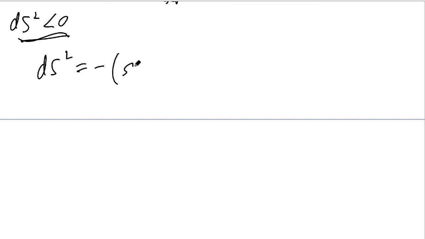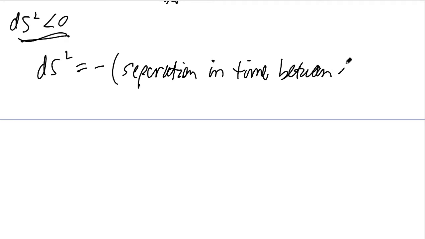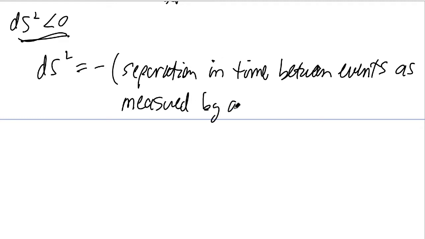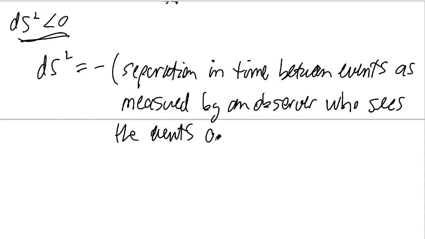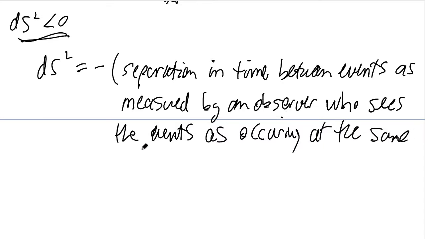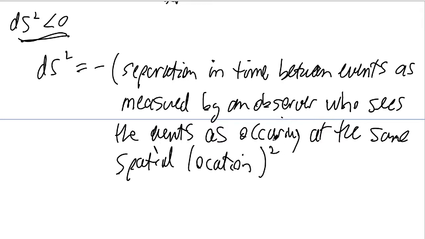It's the separation in time between these events, nearby events, as measured by an observer who sees these two events as occurring at the same spatial location. And we square that.